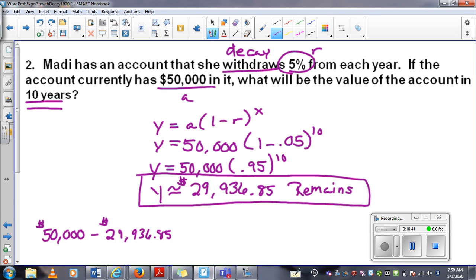I'm just going to calculate that real quick so that we know. So that means she actually withdrew $20,063.15.